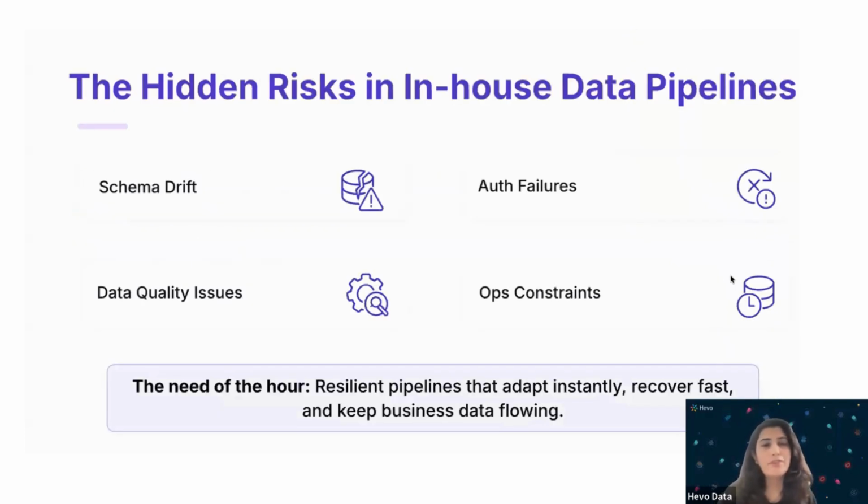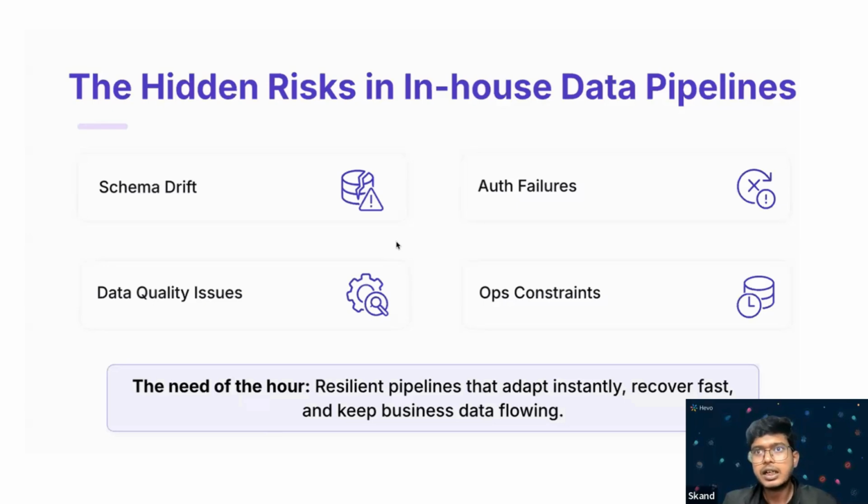So I think my first question for you, Skand, would be, what do you think are the hidden risks of an in-house data pipeline? Yeah, so mostly I've heard of the scenarios whenever a customer is building in-house data pipelines, they are facing a lot of issues related to, first of all, code management. So to connect any source, they would have to write the code from scratch, just built for that particular source.